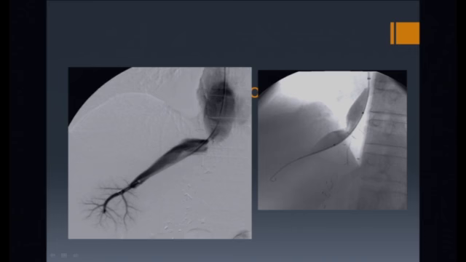And here is the corresponding angiogram showing a severe stenosis at the hepatic vein IVC anastomosis, and this is being treated with balloon angioplasty. So you can do your patient a lot of good if you make this diagnosis on Doppler ultrasound. The interventional radiologist can successfully treat this problem.